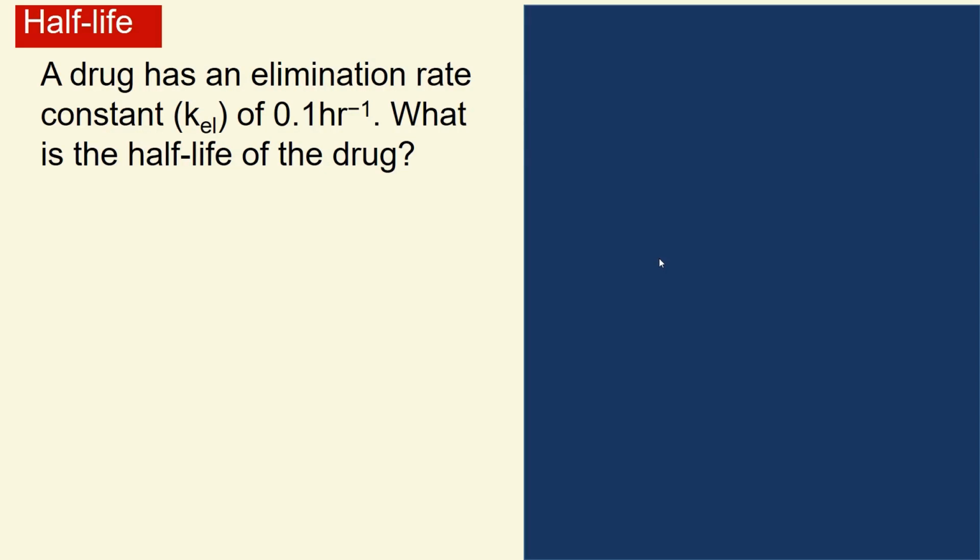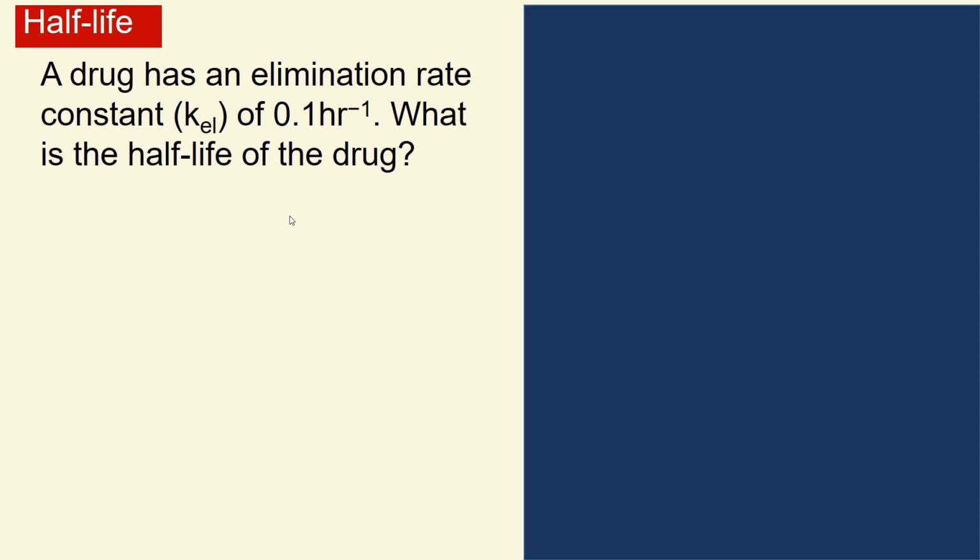Let me start off with this example. A drug has an elimination rate constant of 0.1 hours inverse. What is the half-life of the drug? This is one of the most frequently tested questions about using the elimination rate constant. How do you calculate the half-life?